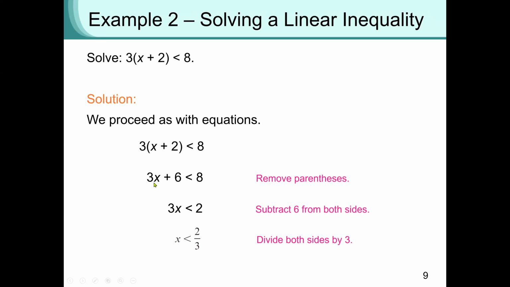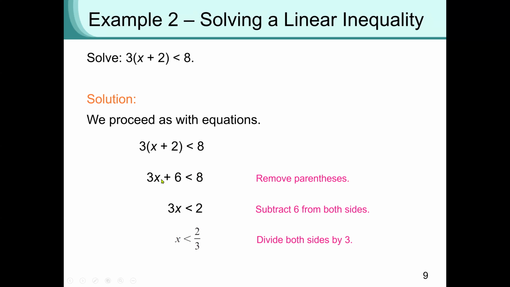We have 3x + 6 < 8. 3 times x gives 3x, 3 times 2 gives 6. We have a positive sign, so we keep it. Our symbol is less than, we keep it, and the 8.